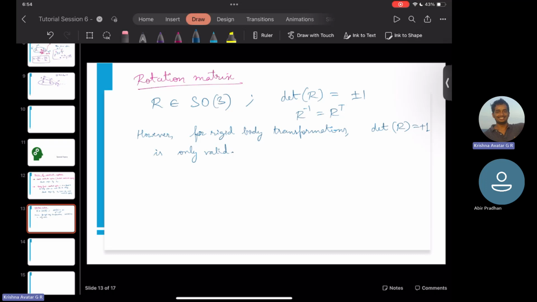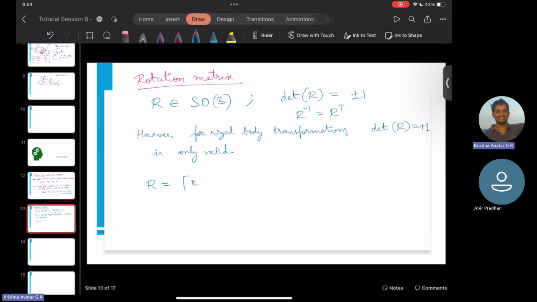So it means that those whose determinant is minus 1 cannot be used for rigid body transformations, right?